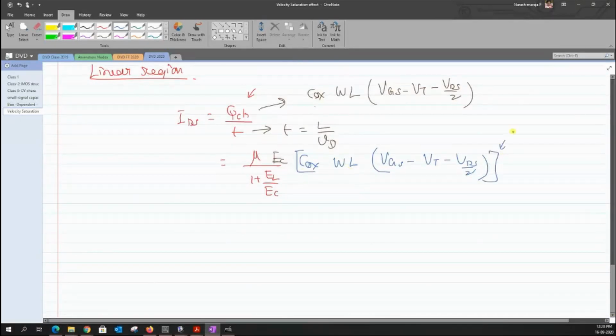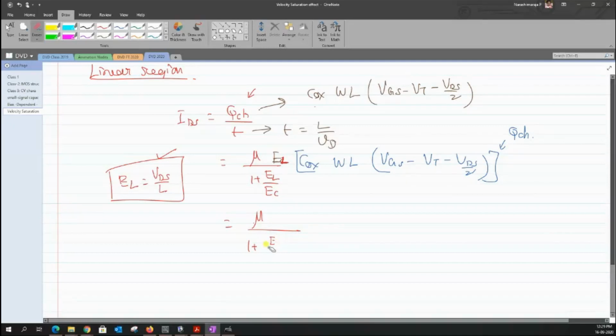The blue one is basically due to the expression of QCH. One thing that I can write is that EL can also be written as VDS by L, the channel length. So wherever I have this EL, I'm just going to utilize this expression.